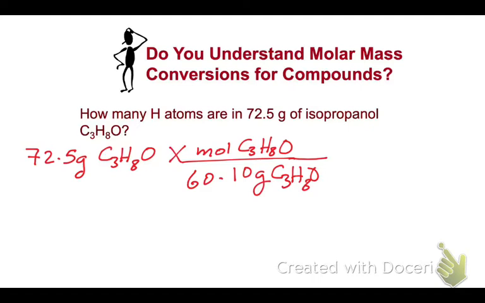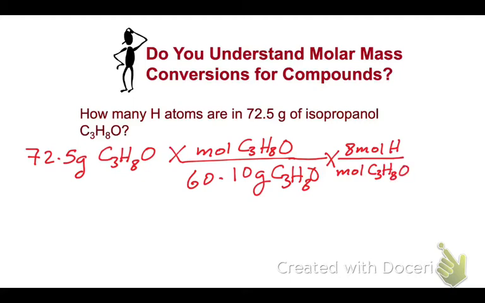So now that you have moles of isopropanol, can you calculate the number of hydrogen atoms? Okay, I know that there are 8 moles of hydrogen atoms for every 1 mole of isopropanol. That came from the formula.